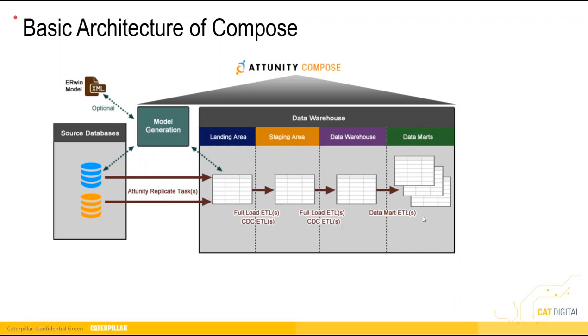We are creating two data marts, one dealer specific and the other Cat specific. The only difference is that the structure and metadata are different. In the Cat data mart, we are creating filters, and only data satisfying the filtering logic goes to the Cat data mart. Then Caterpillar can pull the data and see it. But in the dealer data mart there is no filtering; everything is available, and it is only for dealer specific.